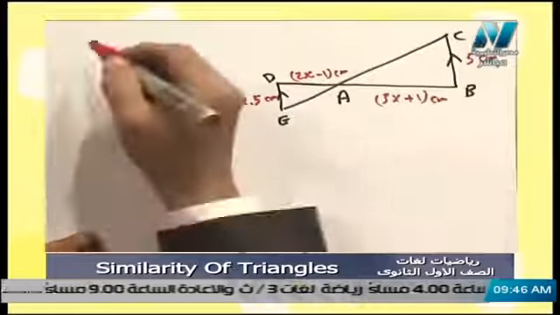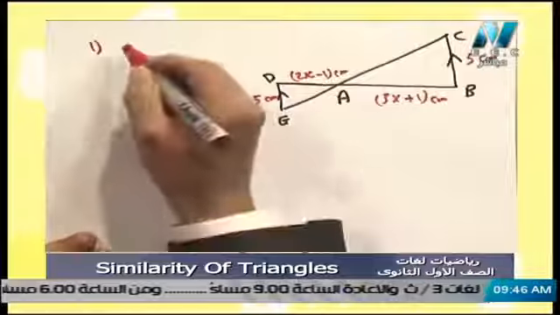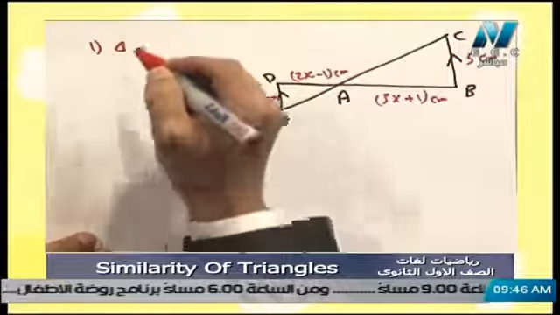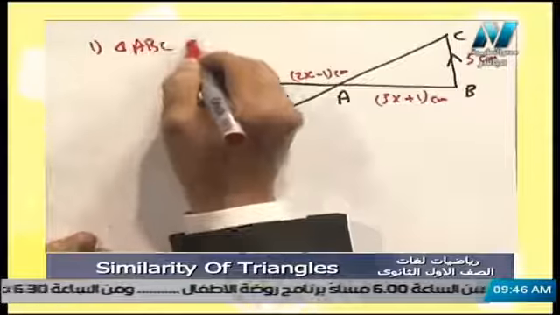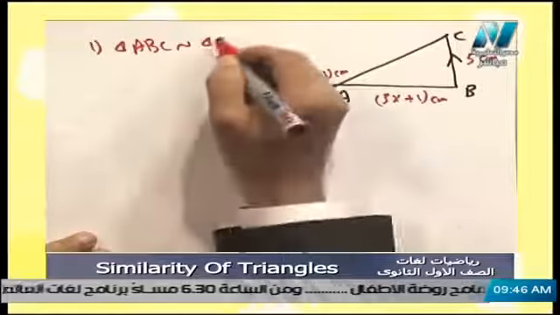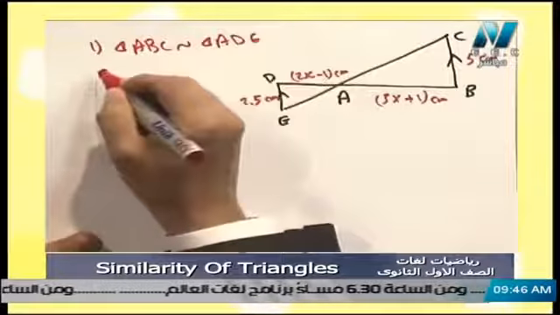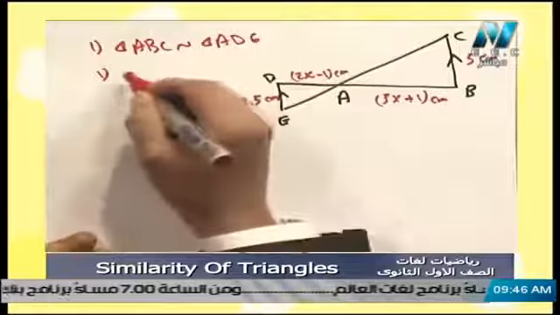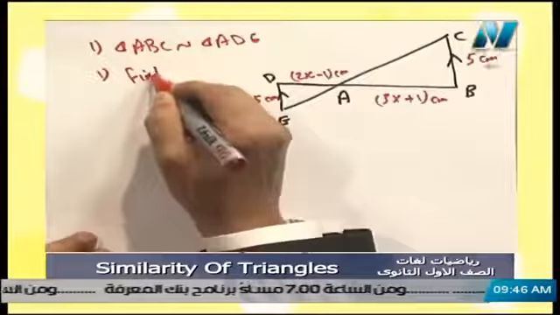The request is, number 1, to prove that the triangle ABC is similar to triangle ADE, and the second one is to find x.